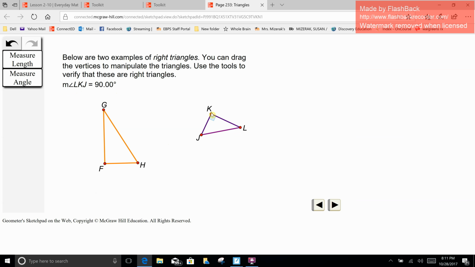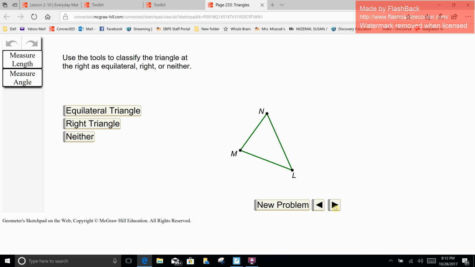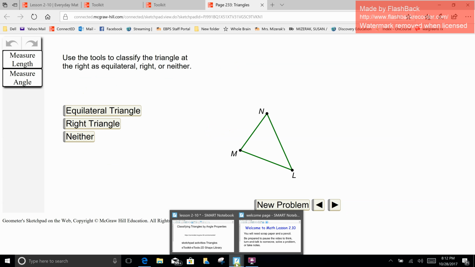Angle LKJ. Remember, when naming angles, that middle point must be in the middle of the angle's name. So that's a tool on ConnectEd in the Sketchpad where you can work with triangles.